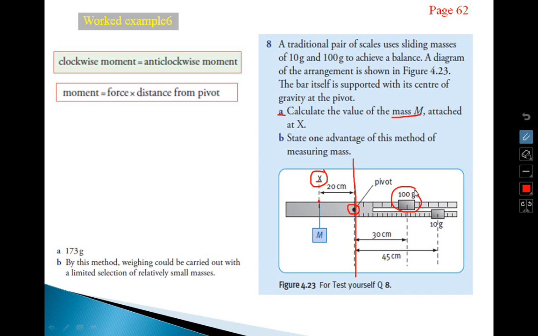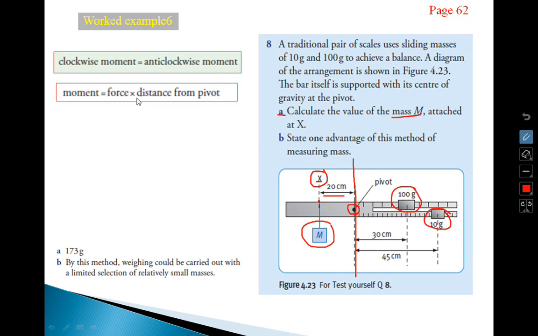This one is 100 gram, another one is 10 gram, a weight, with distance: first one is 100 with distance 30 centimeter, second one is 10 gram with distance 45 centimeter. On the left side, we have a mass M, and we need to find it, with distance 20.